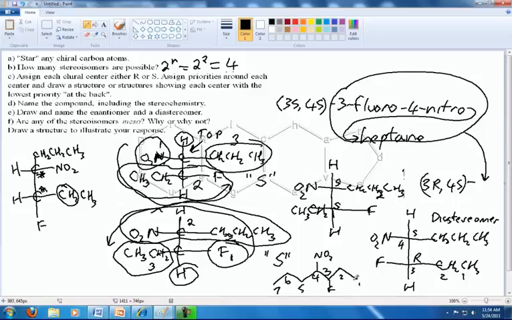It's important to know how to number this and then how to number the original structure. And I do this by looking at where the fluorine is, and I see that's on the 3 carbon, so I would automatically number that 3 and number that 4, and then I can number the rest of the molecule. So that's an important point to keep in mind when you're naming the diastereomer and the enantiomer, making sure that you took the original numbers off the line structure and put them on correctly onto the initial compound.